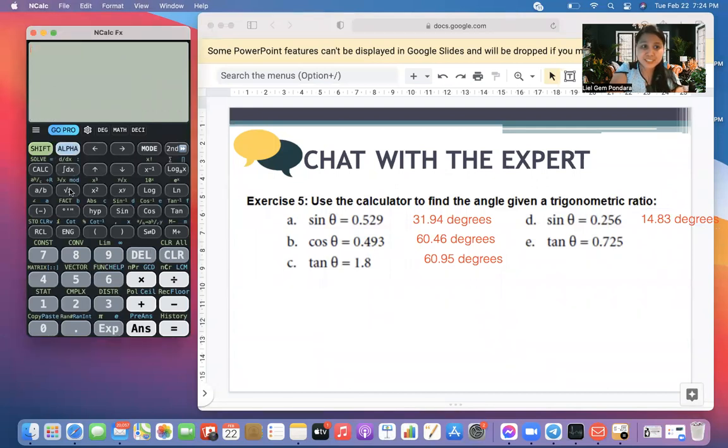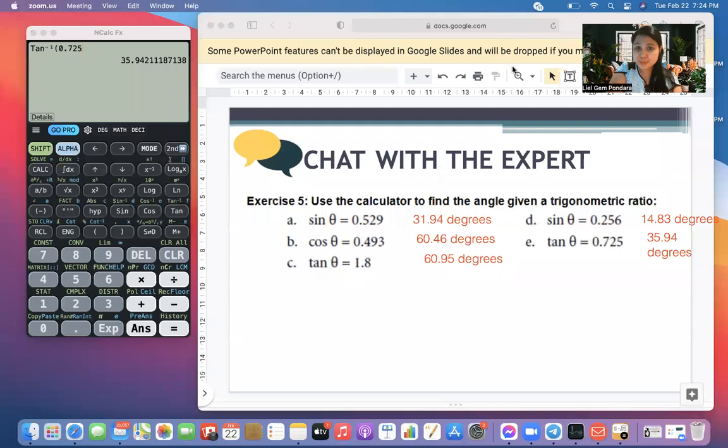Let's clear this first. Press shift, press tangent, press 0.725. And let's write our answer. In 2 decimal places, we have 35.94 degrees. That is how we are going to solve for the angles in a trigonometric ratio.